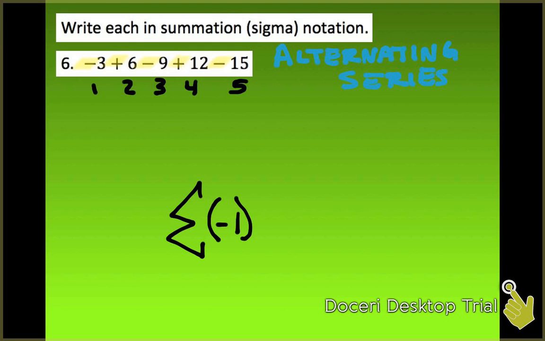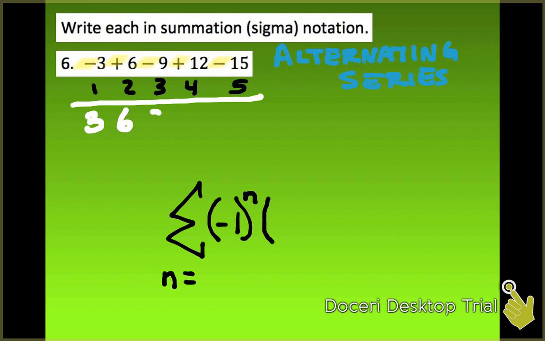If you're starting with a positive, it has to be n minus 1. If you're starting with a negative, it can just be n. We'll use n this time. So n equals 1. And then we're going to multiply that by something else. So this piece right here makes our series an alternating series. So going back up to the top here, we need to figure out, well, we have 3 now, 6, 9, 12, and 15.